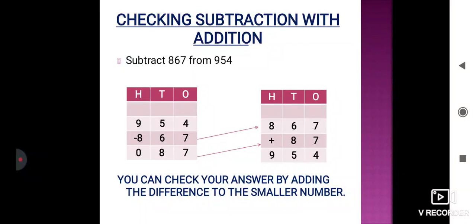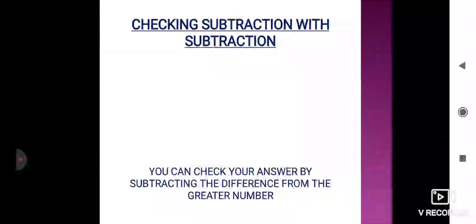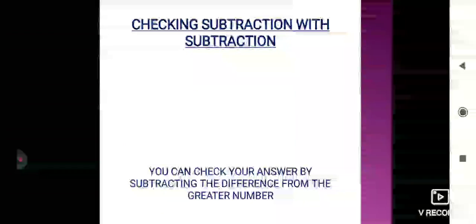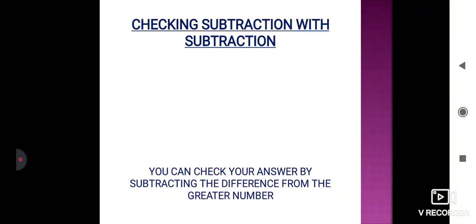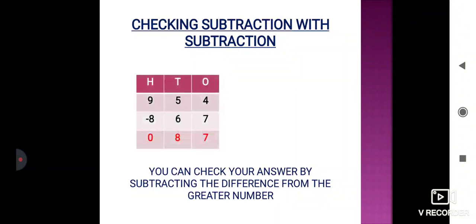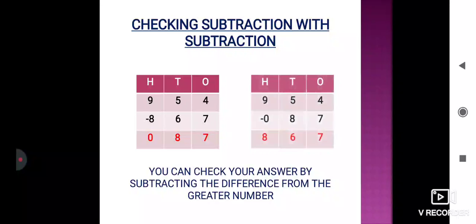There is another way which you can also use to check your subtraction, that is checking subtraction with subtraction. I'm taking the same example. Now how can you check it? You can subtract the difference from the greater number.